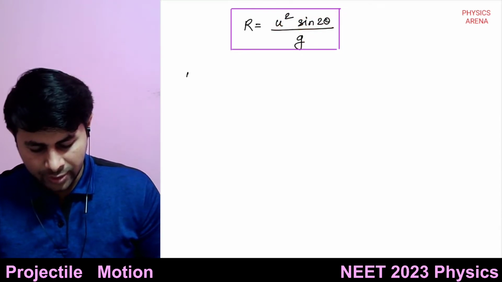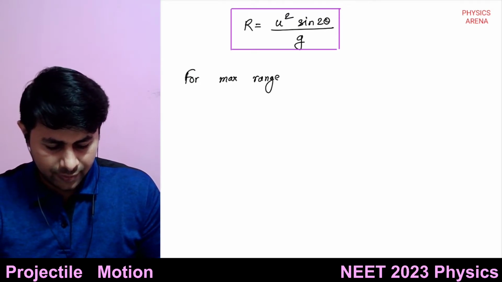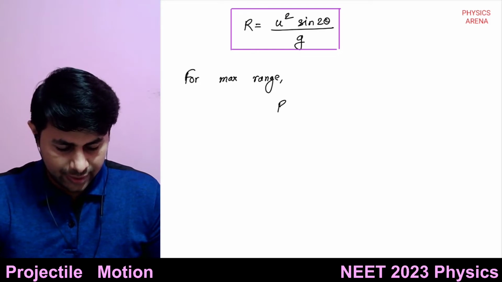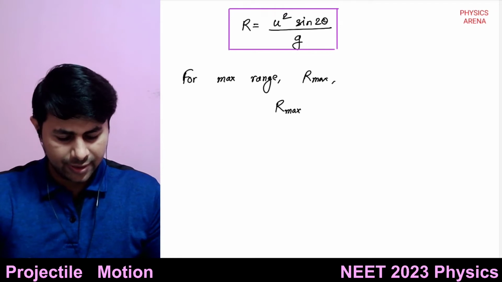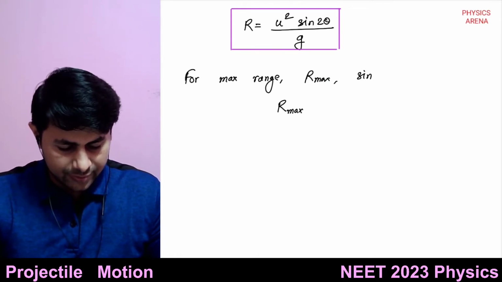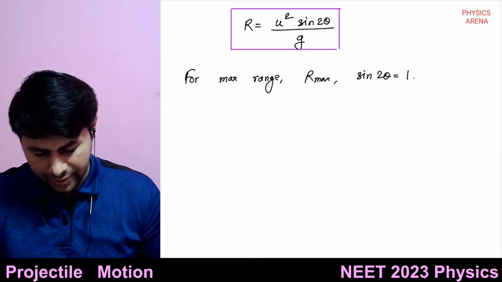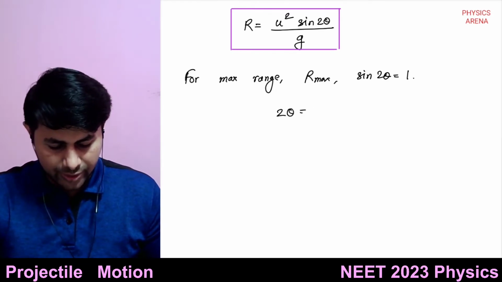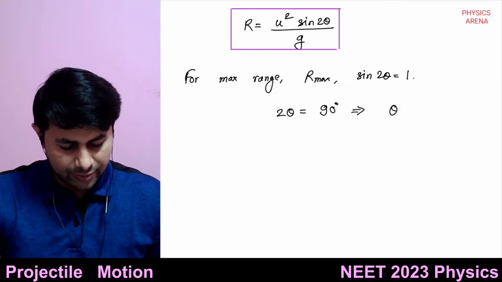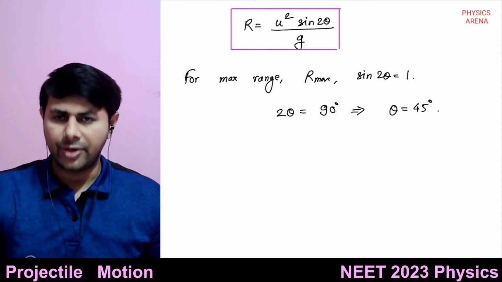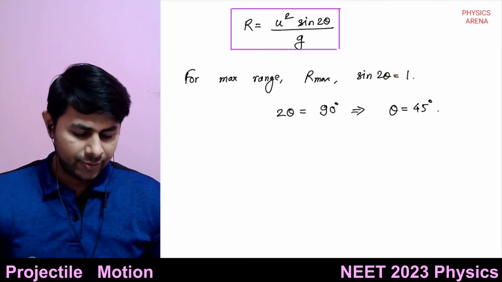For the maximum range, R max, sine of 2 theta is equal to 1. So 2 theta should be equal to 90 degrees, and that means theta is equal to 45 degrees.